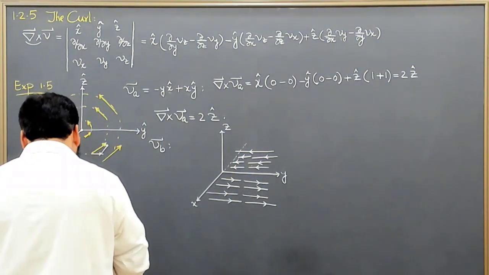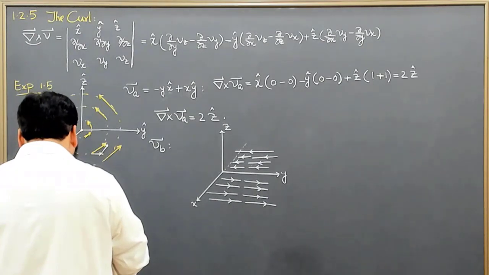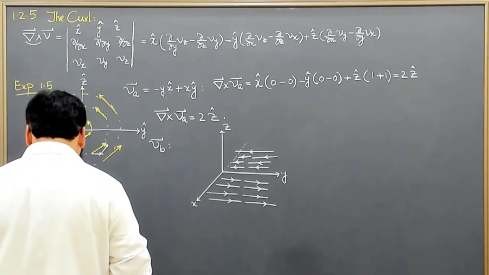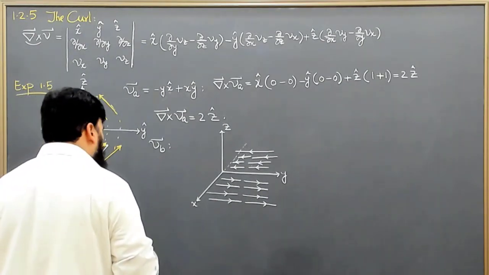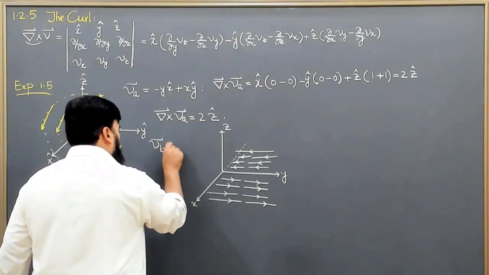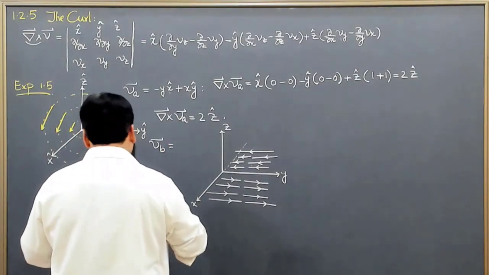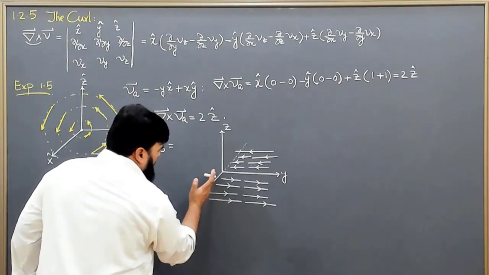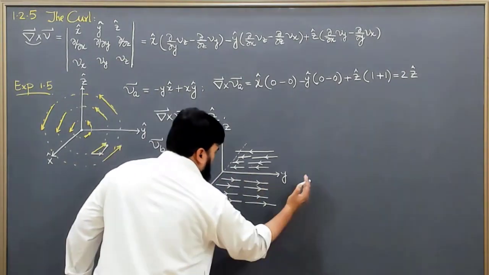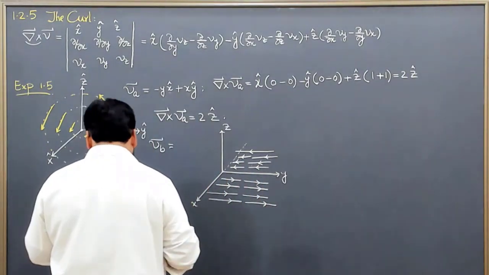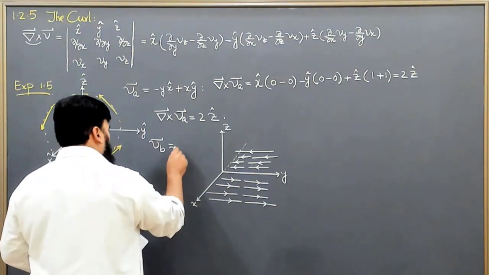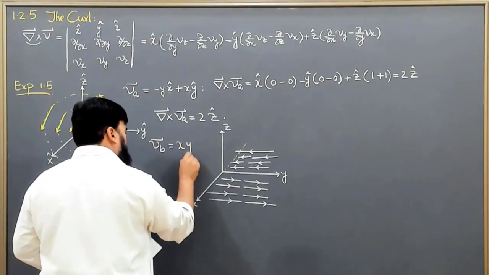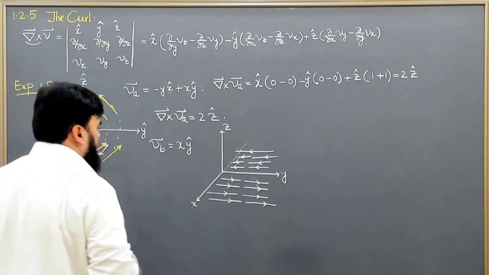And now the vector form of this is V of B is equal to, this is actually the movement of x along the y direction. So we are having x which is moving in the y direction.